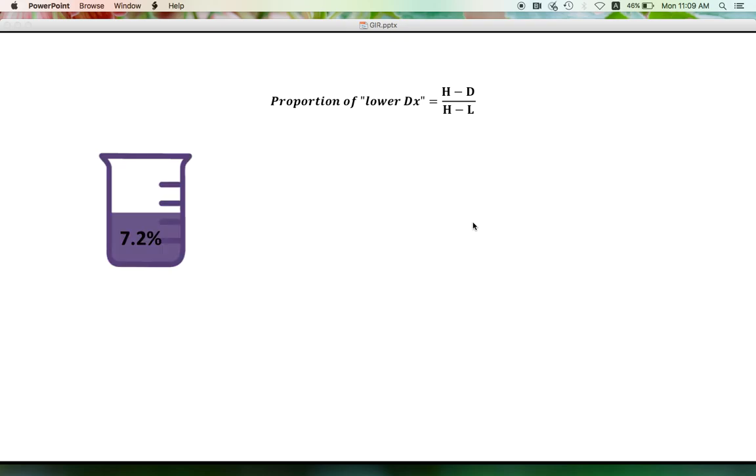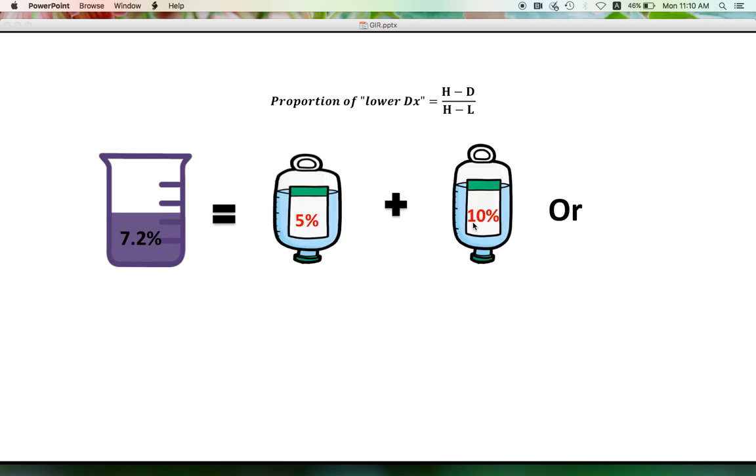Suppose you want to get a dextrose concentration of 7.2%. You can mix a lower dextrose, say 5%, with either 10% or 25% dextrose. For the sake of simplicity, let's take 5% and 10% in this example. If you fill in all these values in the given formula, you will get a fraction of 2.8 by 5, right?